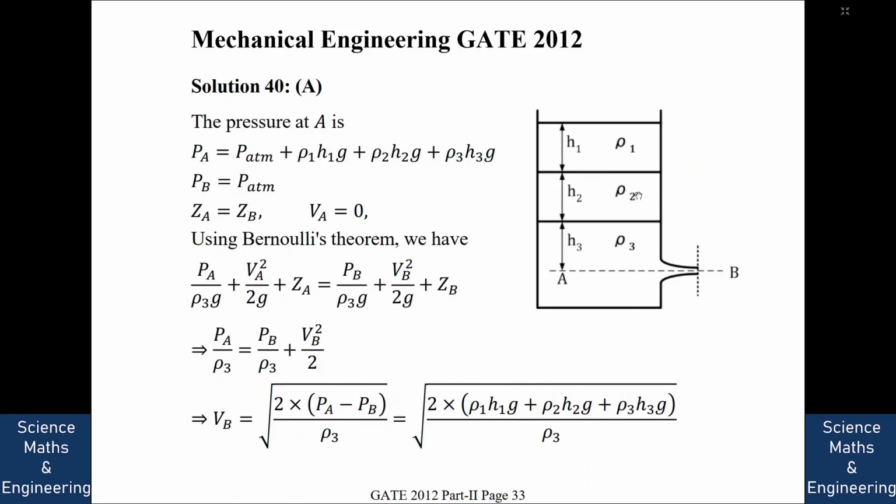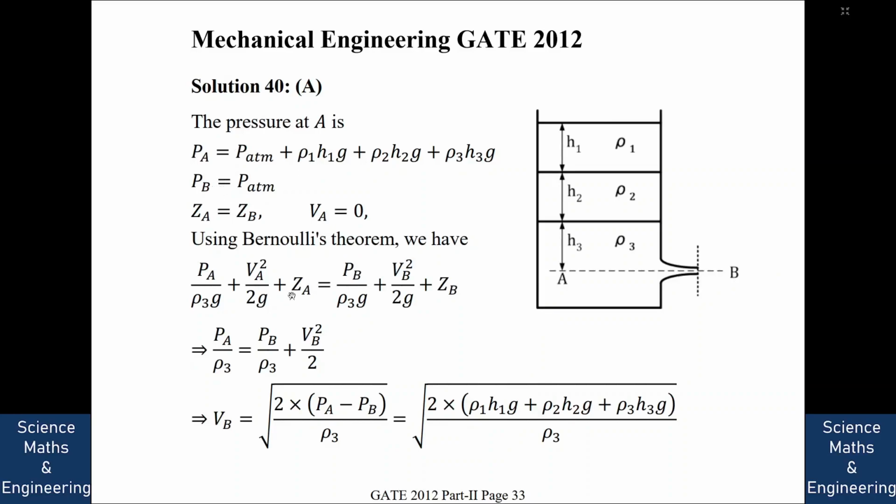Now this liquid will be exerting rho 2 g H2 plus this whole one, and when we come here, then the upper two pressures plus the pressure exerted by this, that is rho 3 g H3. Okay, so from here again, now PB would be what? Atmospheric. These two have no height difference. Again velocity at this point is 0, and velocity at B we need to determine.